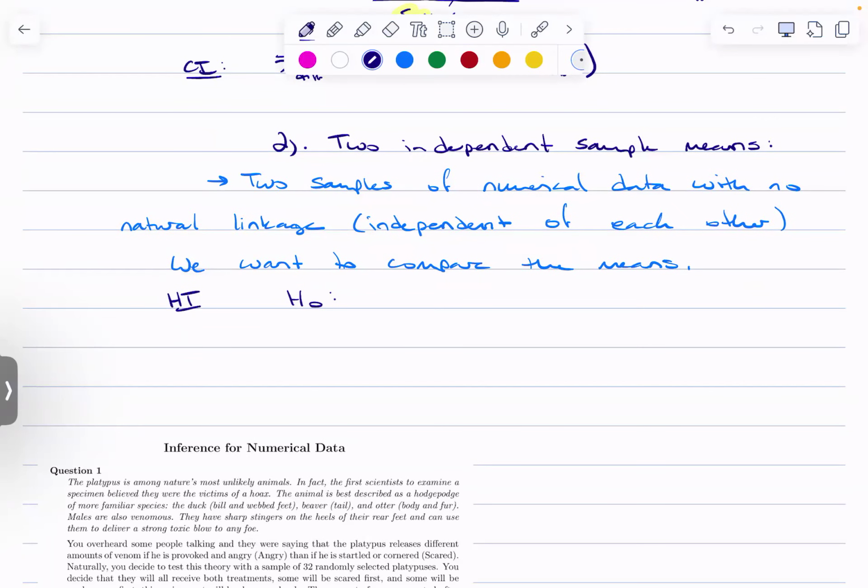So then my hypothesis, we've seen this before with two sample proportions, right? We want to compare those proportions. And so we incorporate mu1 minus mu2. How does that compare to 0, right? Or if you prefer, you can use mu1 is equal to mu2. That's the same thing, right?